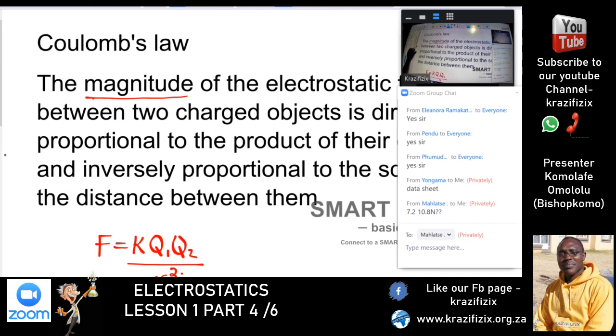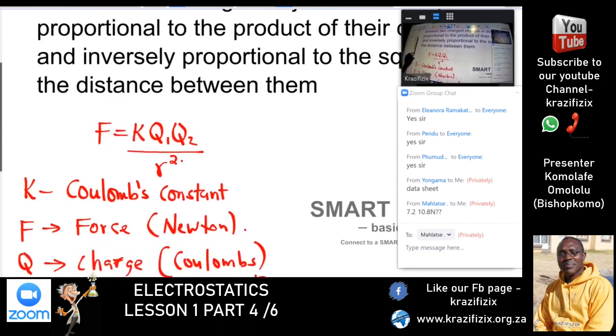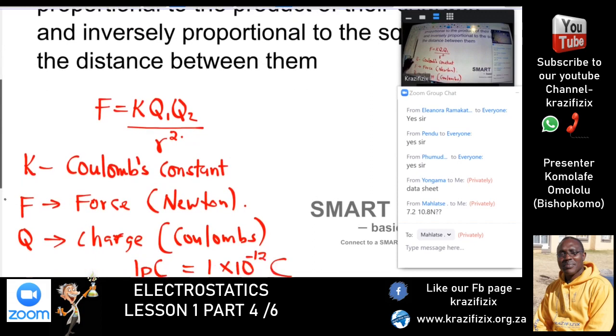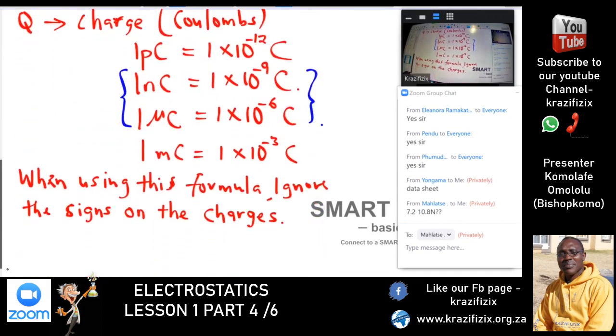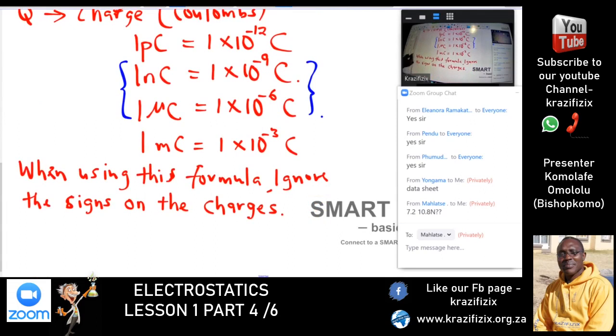So when you are using this formula F equals to Q1, Q2, please don't put plus or minus, just write the charges. At the end, you will now tell us whether it is attraction or repulsion. How would you know that? If you have two positive charges, they repel. If you have two negative charges, they also repel. But positive and negative will attract.